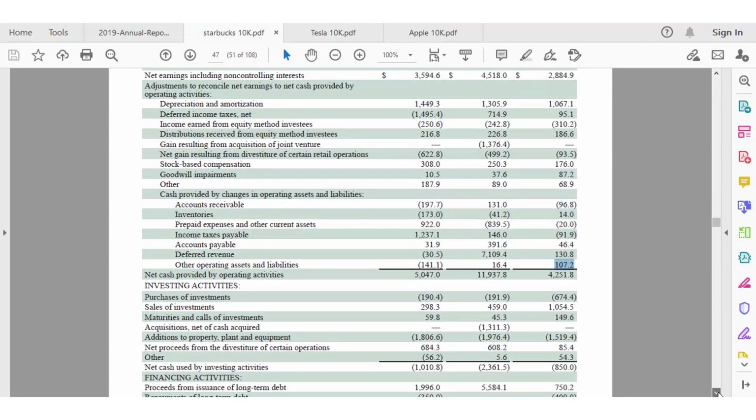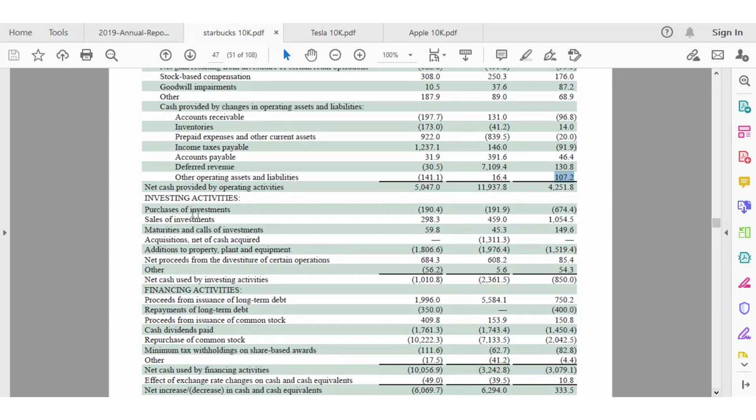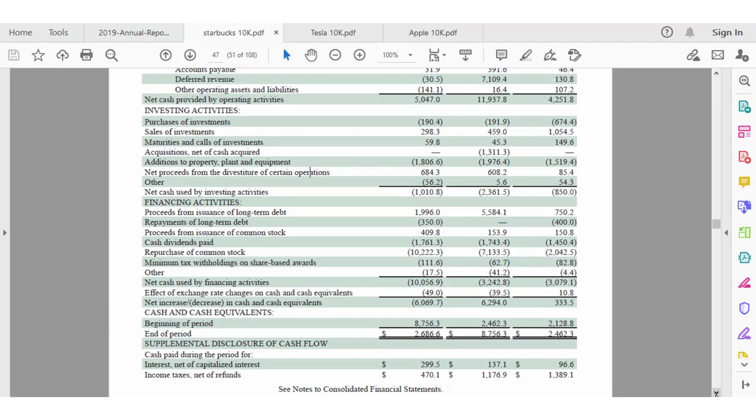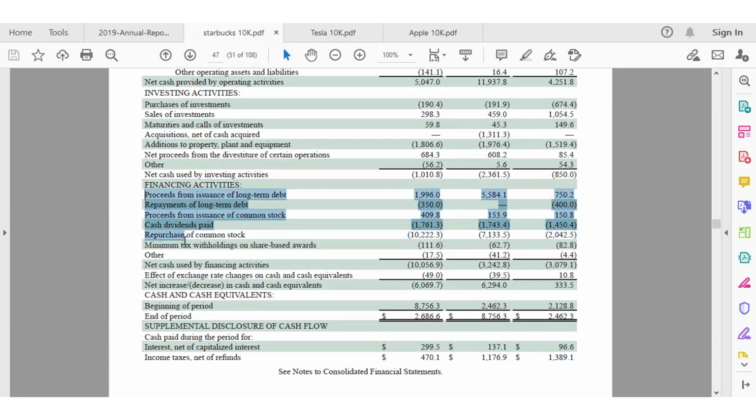Below that, you have cash flow from investment activities. Again, here, whatever you're going to be buying is going to be an outflow of cash. Whatever you're going to be selling is going to give you cash. Exact same logic on financing activity. So nothing really stands out here.